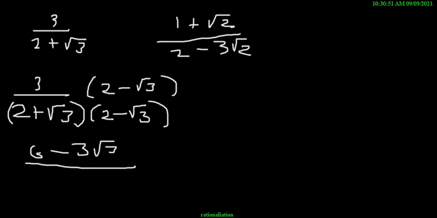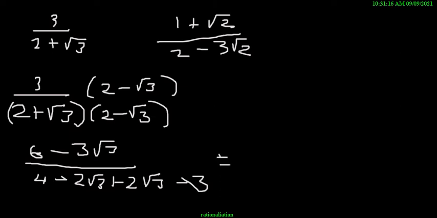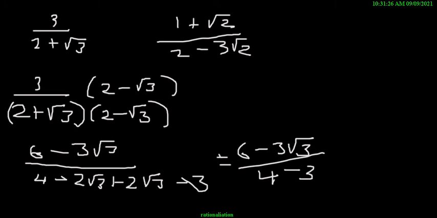So over, this becomes 4 and minus 2 root of 3, which is again plus 2 root of 3. You can see they cancel out, and this becomes negative 3 because the roots cancel out. So the final answer is going to be 6 minus 3 root of 3 over 4 minus 3.